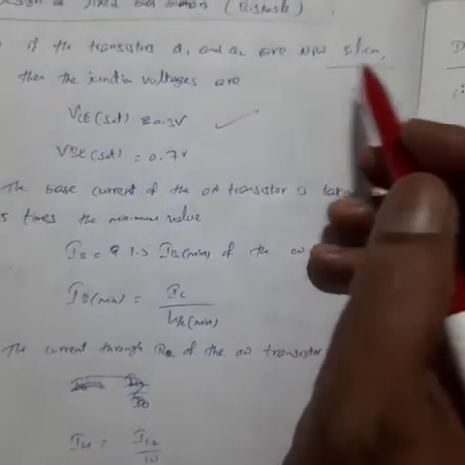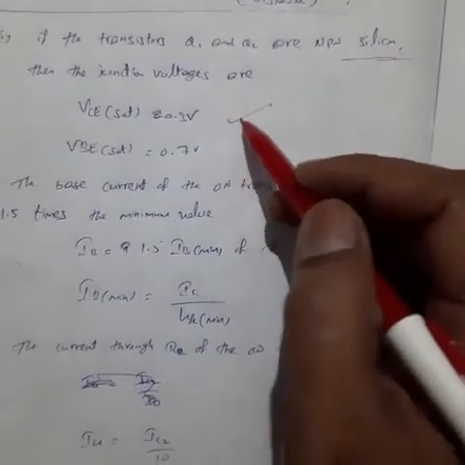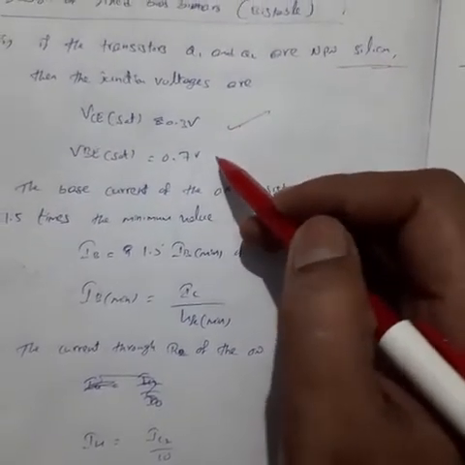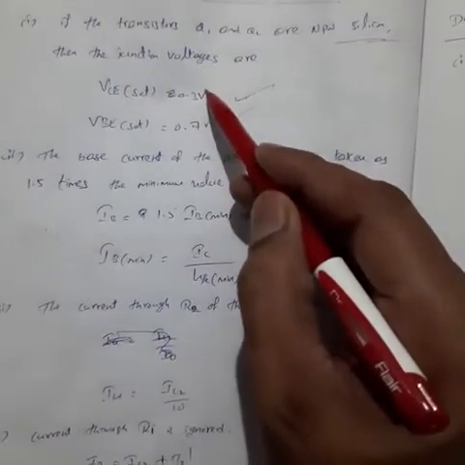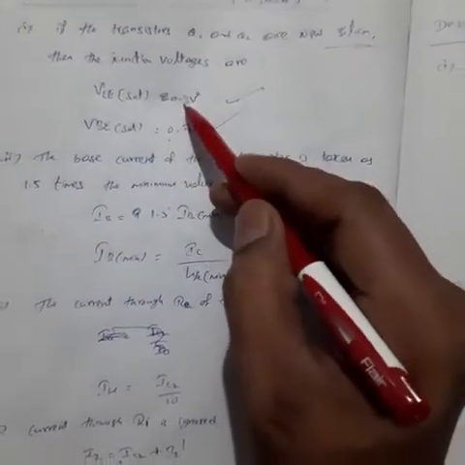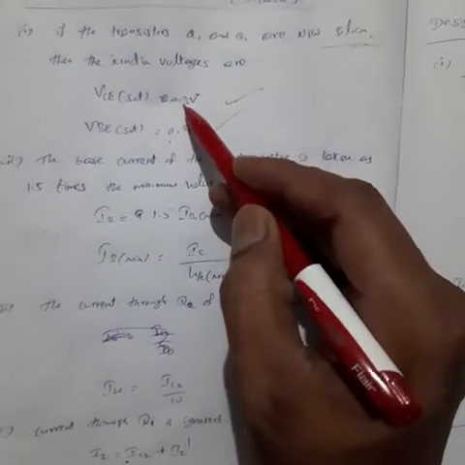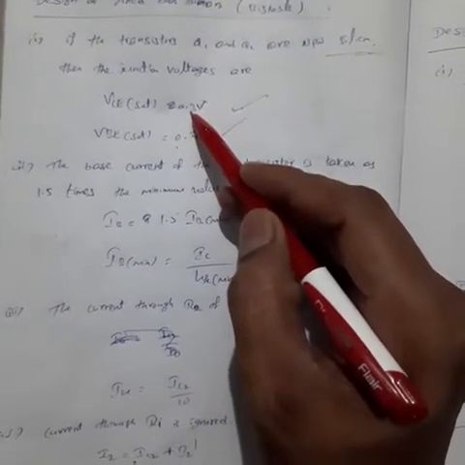But here we are selecting silicon type: VCE saturation equal to 0.3 volts and VBE saturation equal to 0.7 volts. VBE is the input voltage, VCE is the output voltage. Saturation means for the on transistor, whether it may be Q1 or Q2.